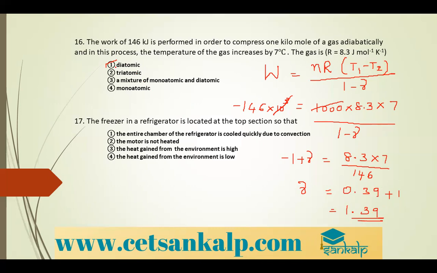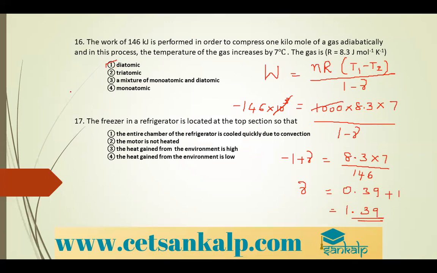Okay, next up. The freezer in a refrigerator is located at the top section so that the entire chamber of the refrigerator is cooled quickly due to convection. Why? Because the temperature on the lowest side of the refrigerator is more than the upper side. The hot gases rise due to convection, and things placed there get cooled quickly.